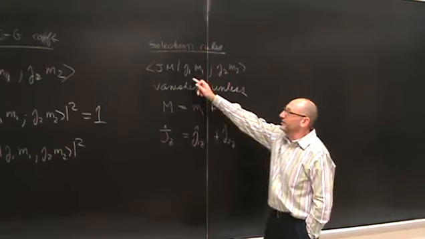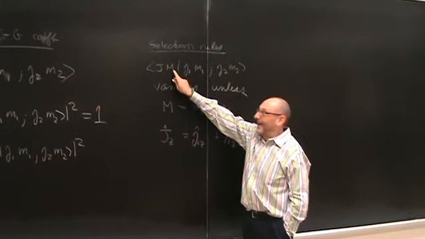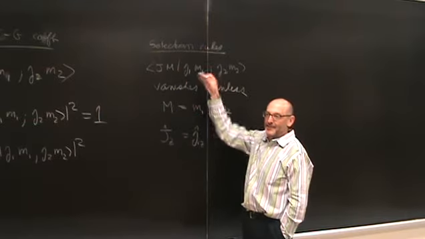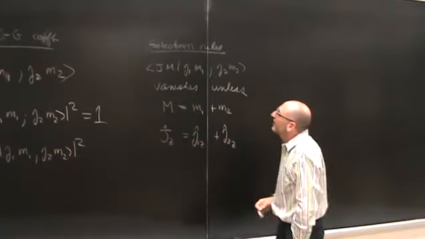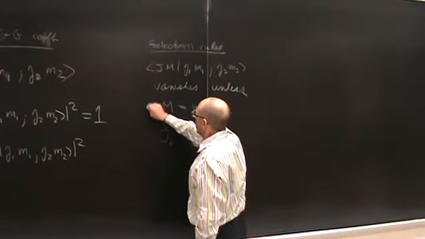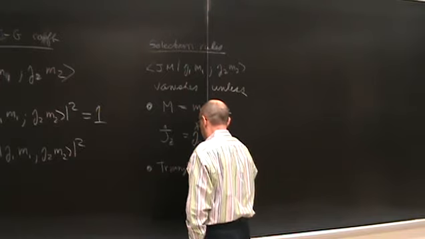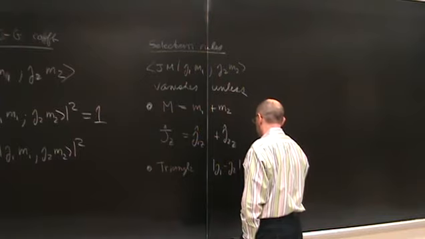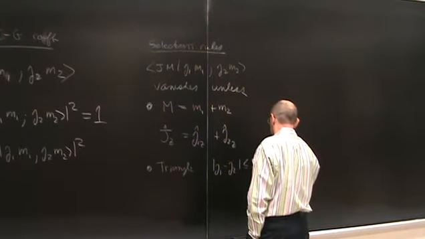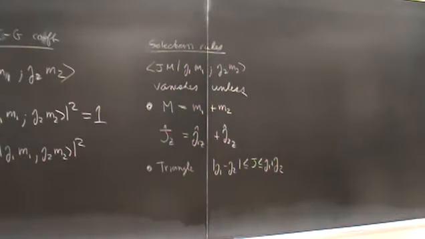So I can put this operator in, act it to the left, I get the eigenvalue M, or if I act it to the right, I get the sum of the M's. So they have to be equal. The other thing we have is the triangle inequality, which is harder to prove, but can be proven. So that's the selection rules.